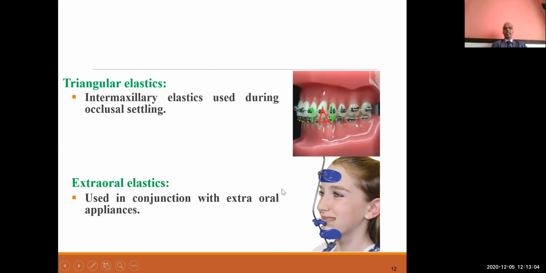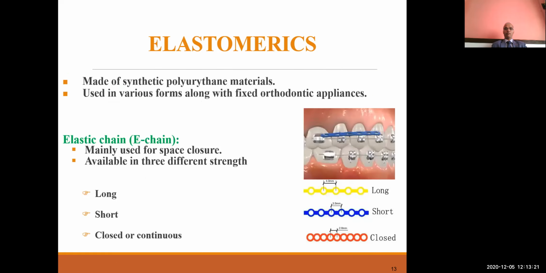Next, extraoral elastics. These are heavy elastics. These are used in conjunction with extraoral appliances like headgears and face masks. So they apply heavy force. Next, elastomerics. The elastomerics are made of synthetic polyurethane materials. They are used in various forms along with fixed orthodontic appliances.